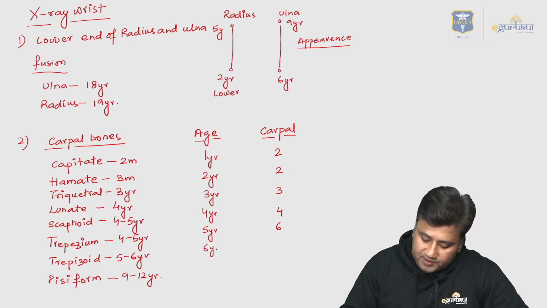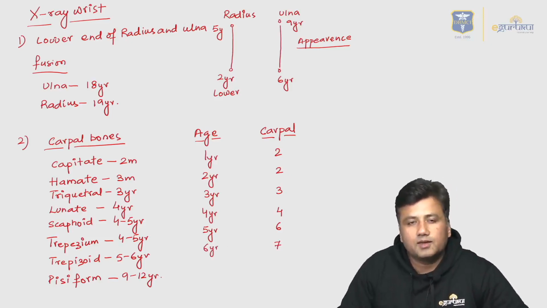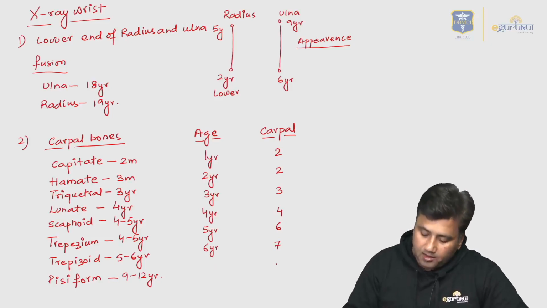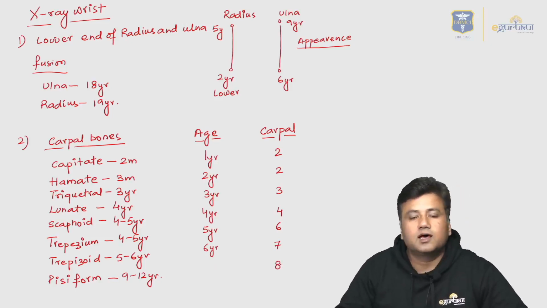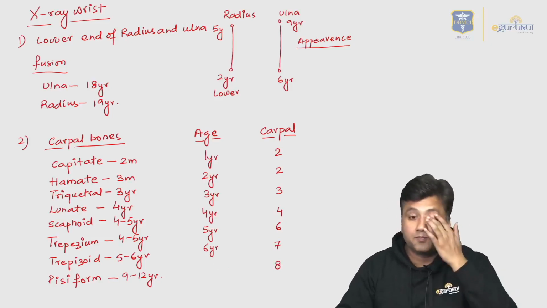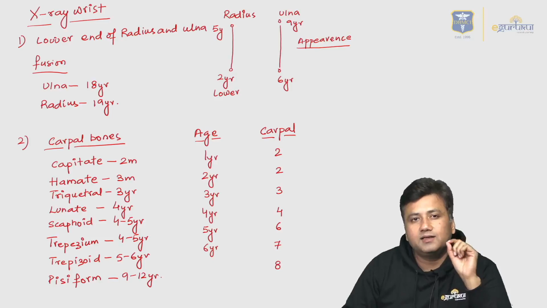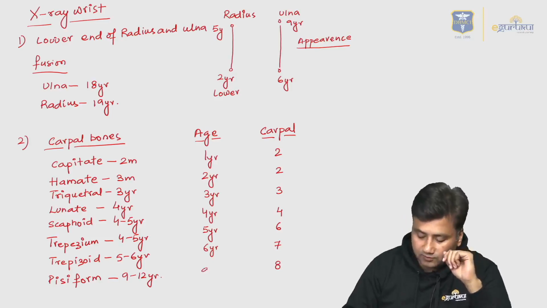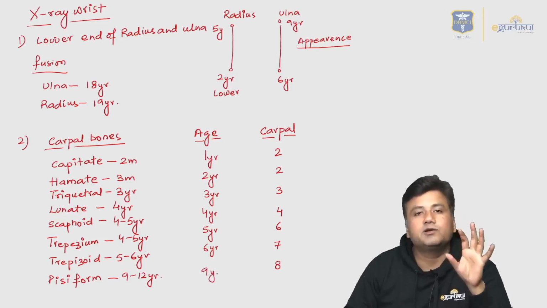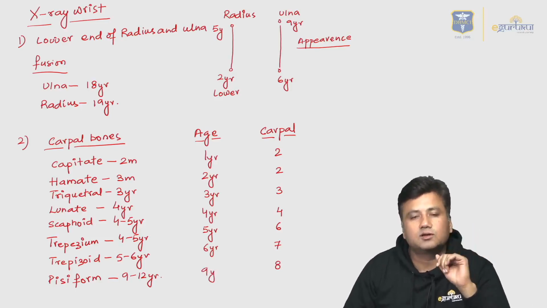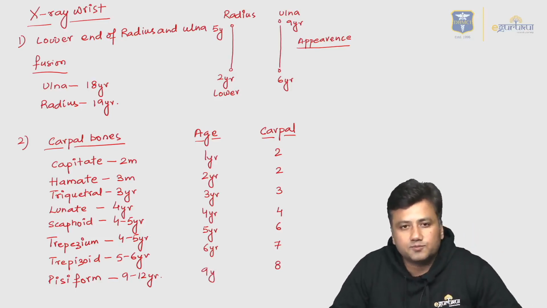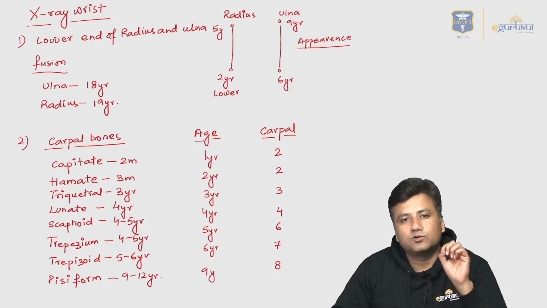At the age of 6 we have 7, and the eighth carpal bone, pisiform, we might have at the earliest at the age of 9. The range is 9 to 12, as you just saw. That's the second thing to look for in an X-ray of a wrist.